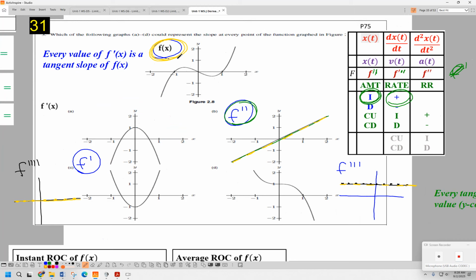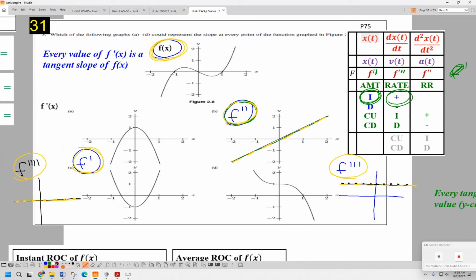Therefore, f prime is a 2nd degree polynomial. F double prime is a 1st degree polynomial. F triple prime is a 0 degree polynomial, it's just a constant. And therefore, f quadruple prime is simply always 0.